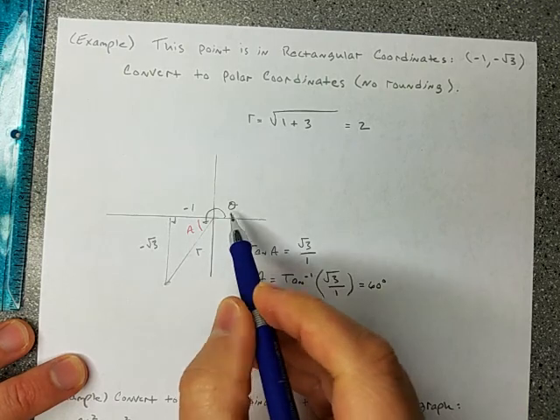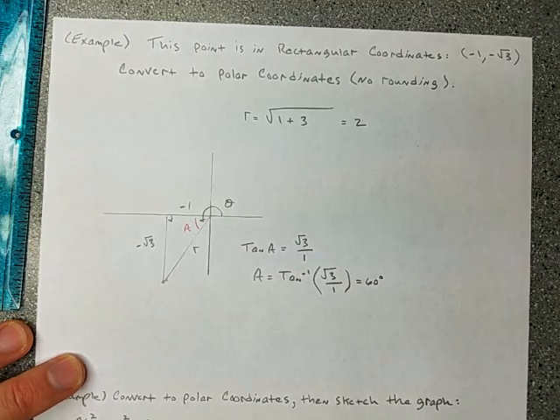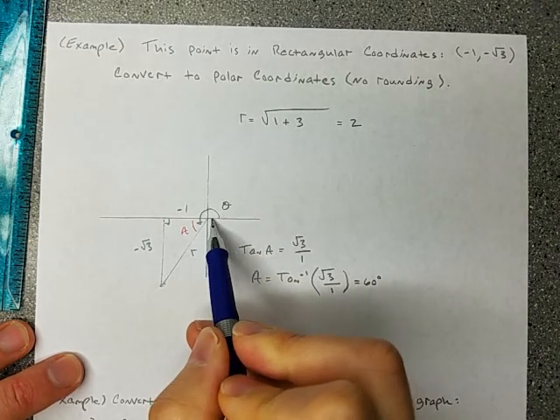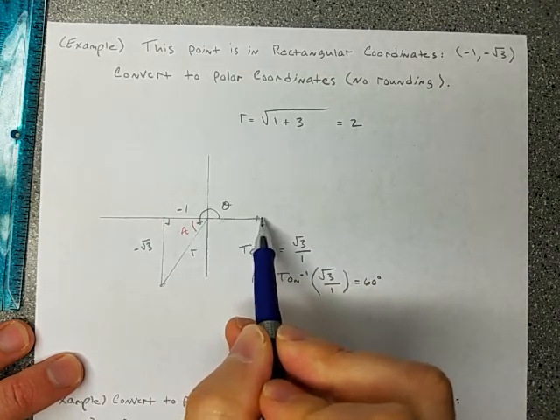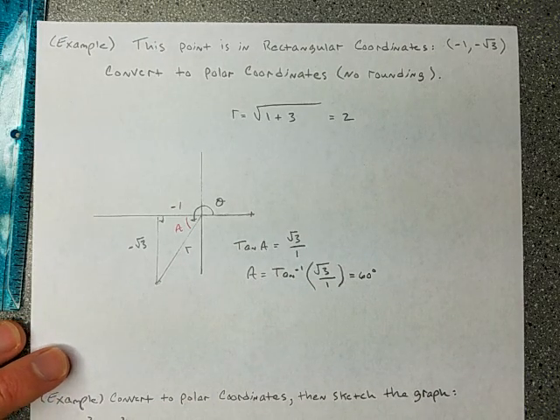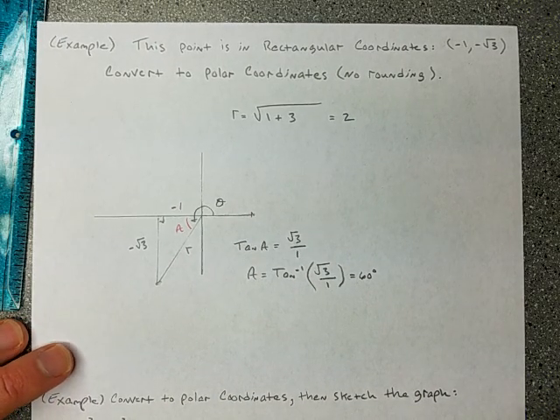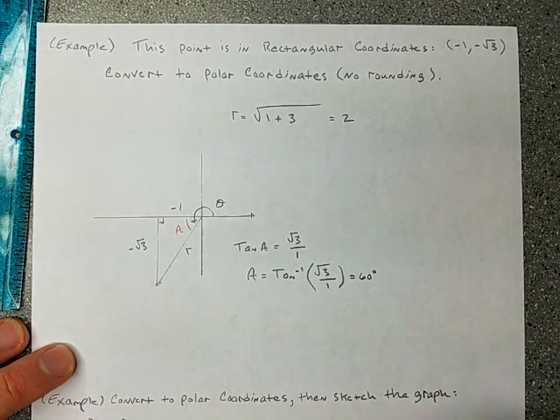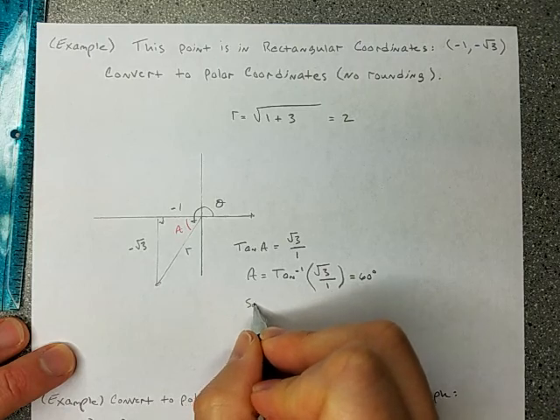So what's theta then to take me out there in quadrant 3? Remember, in polar coordinates, the angular coordinate is a rotation from the positive x-axis. That's always how we intend to plot theta. So this would be 180 and 60, so that's 240. So theta is equal to 240.